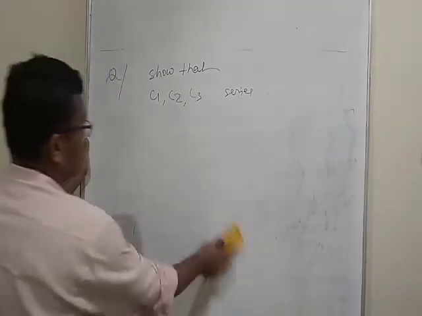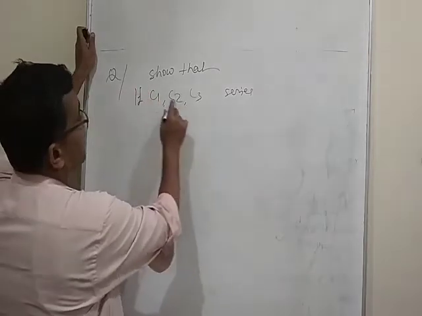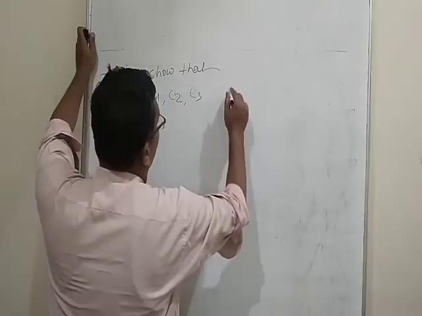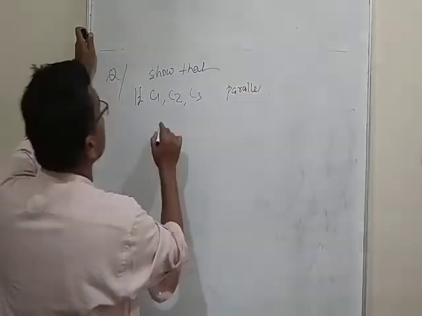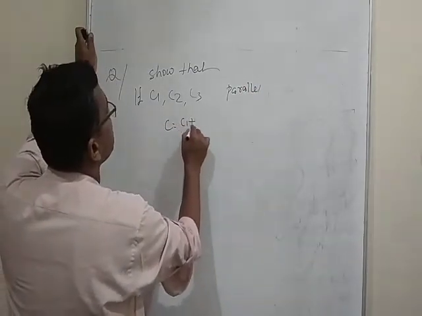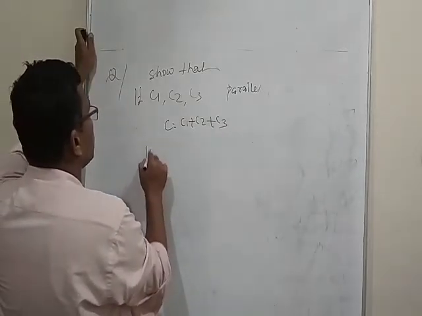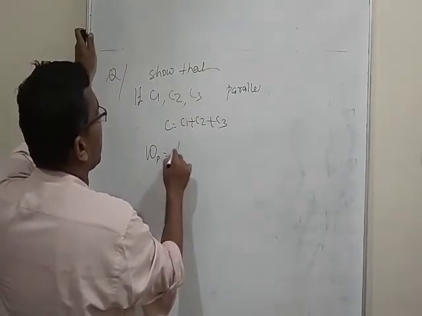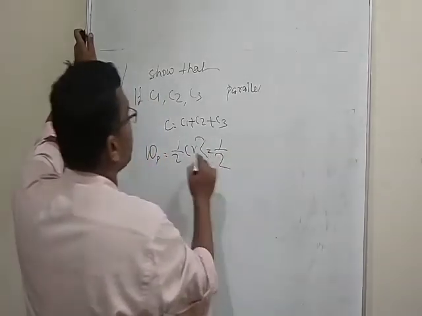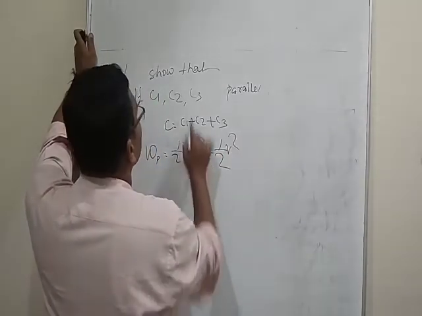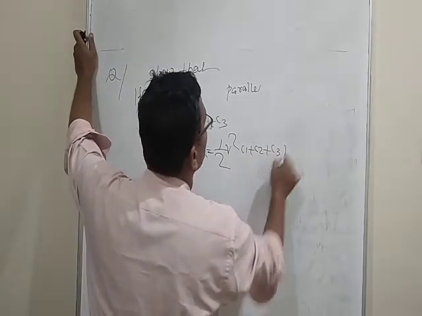Now look at parallel W. If C1, C2, C3 three capacitors are connected in parallel, C equal to C1 plus C2 plus C3. Then we know W parallel is half C V square, that is equal to half V square, with C replaced by C1 plus C2 plus C3.